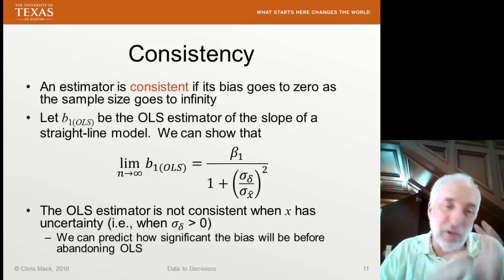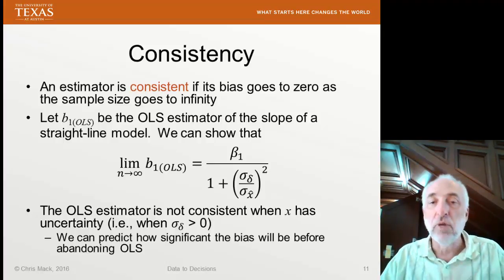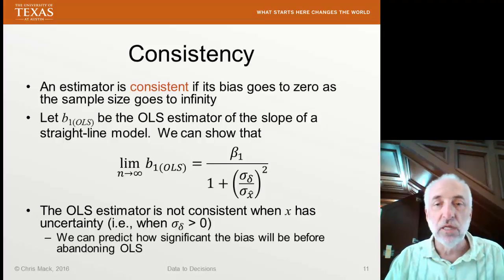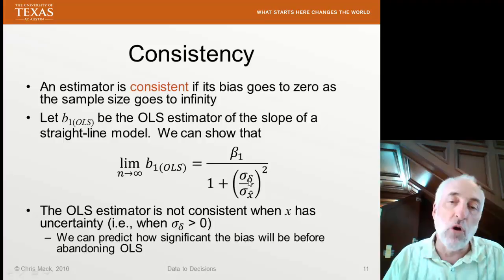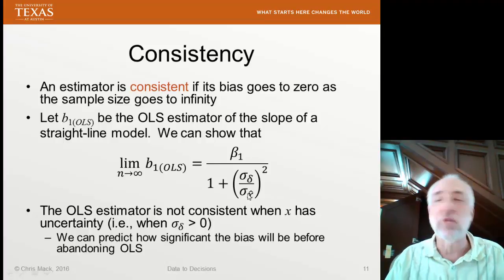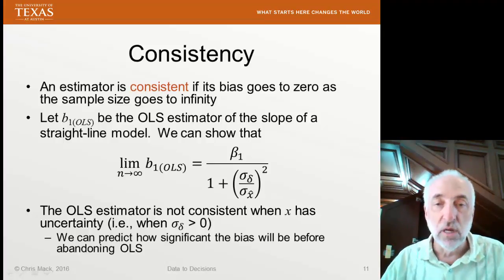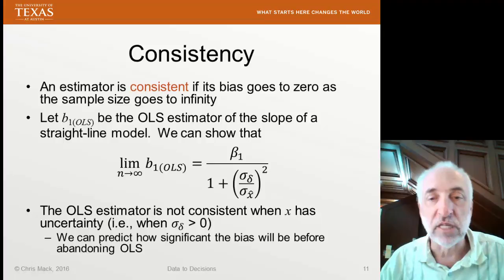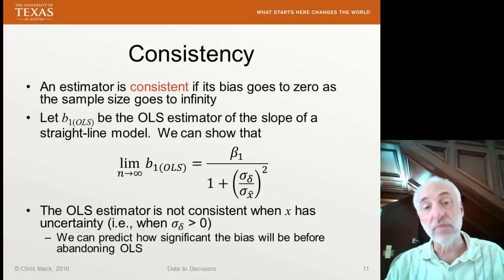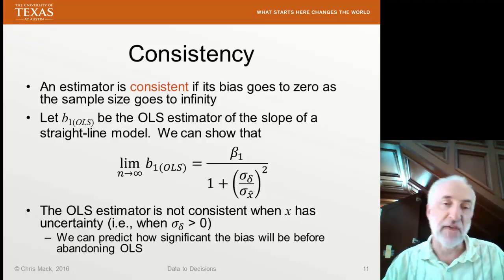If you have a small number of data points, things change. But if you have a large number of data points, you can at least find out whether this is an issue you need to worry about. As long as this ratio is small enough, so that the variance in a single measurement is small compared to the variance in all the measurements, the whole range of measurements that you've done, you can decide whether it's a big enough effect for you to worry about.